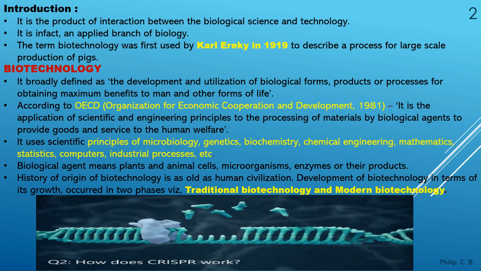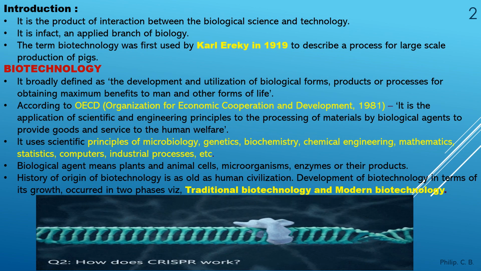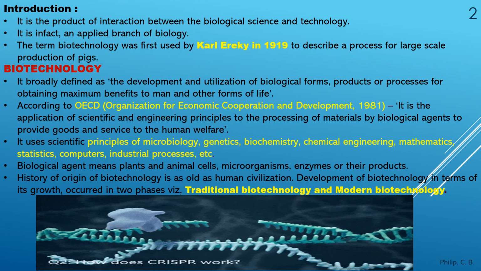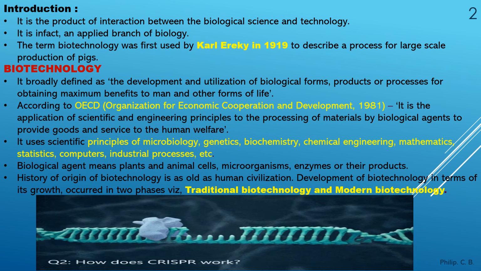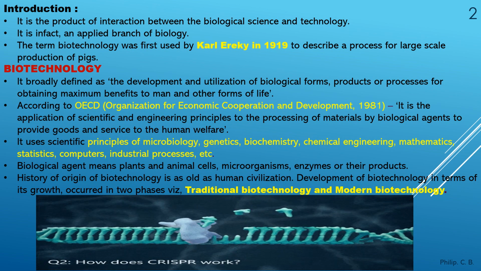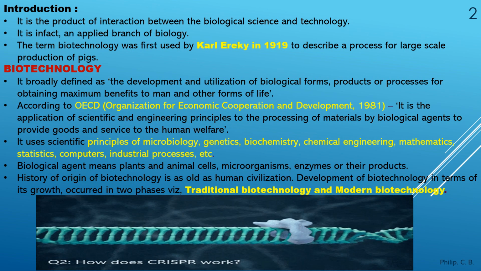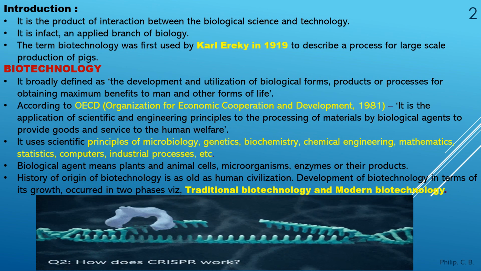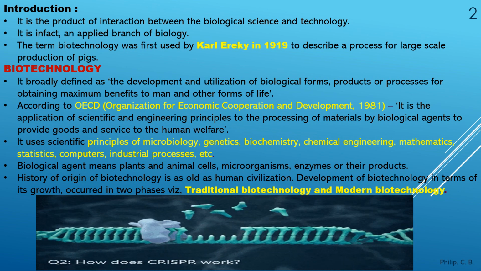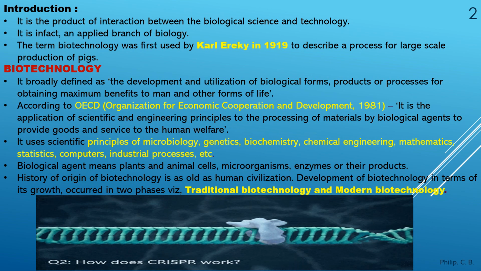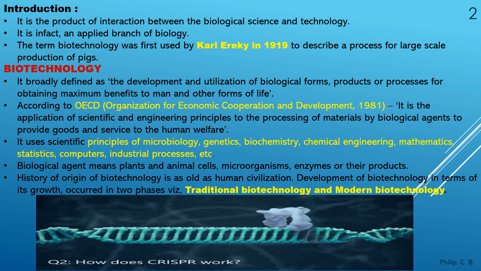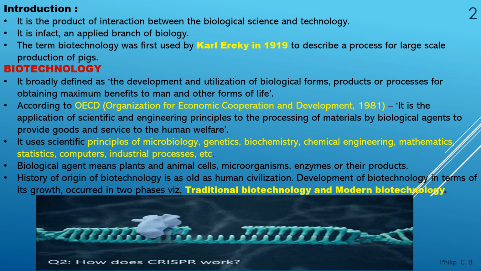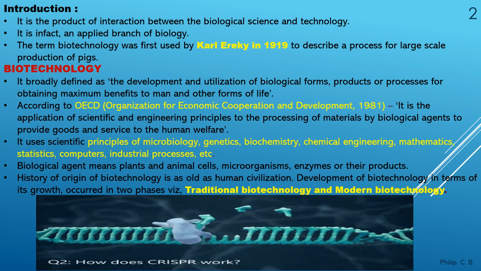According to OECD, that is Organization for Economic Cooperation and Development, in the year 1981, it is the application of scientific and engineering principles to the processing of materials by biological agents to provide goods and service to the human welfare. It uses scientific principles of microbiology, genetics, biochemistry, chemical engineering, mathematics, statistics, computers, and industrial processes.